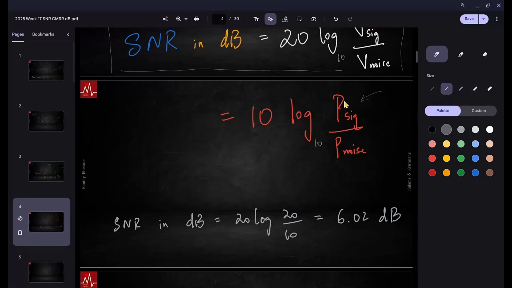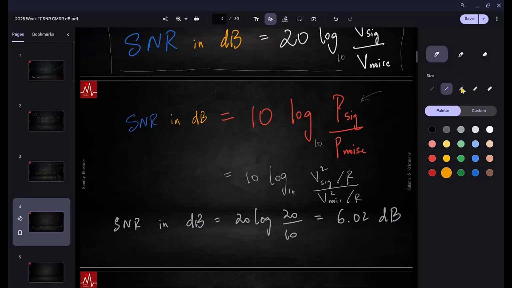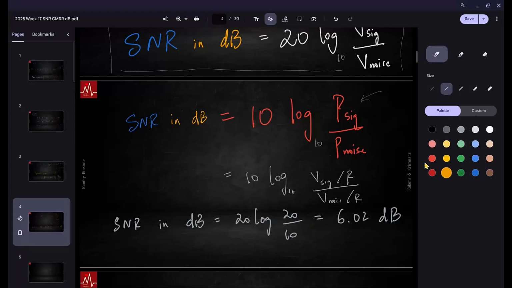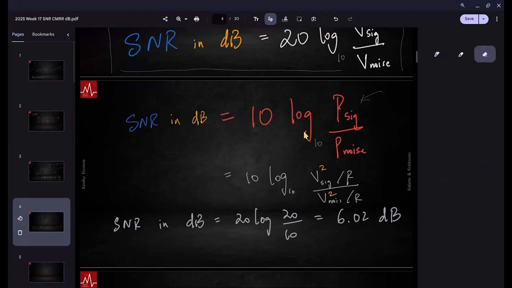This is the definition of SNR in dB, defined in terms of power. The conversion is this. This will be 10 logarithm to the base 10. Power is I square R or V square by R, right? So V signal square by R by V noise square by R. This 2 will go to the front as 20.